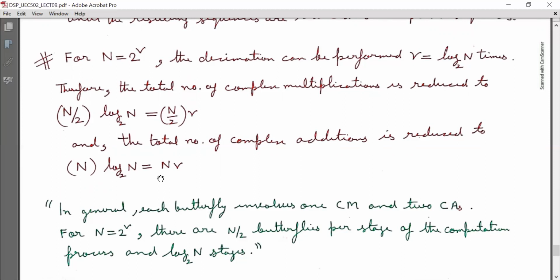This computation complexity is very low as compared to the direct DFT calculation approach.